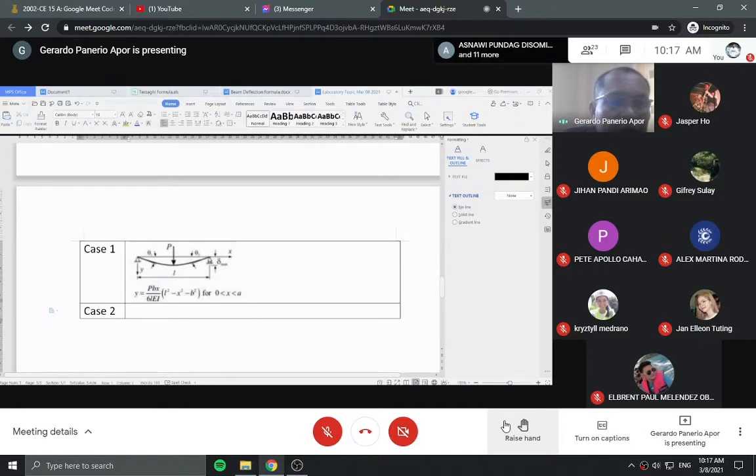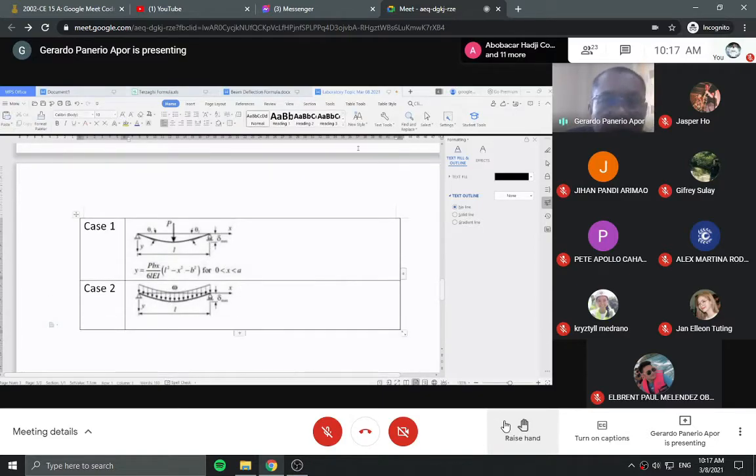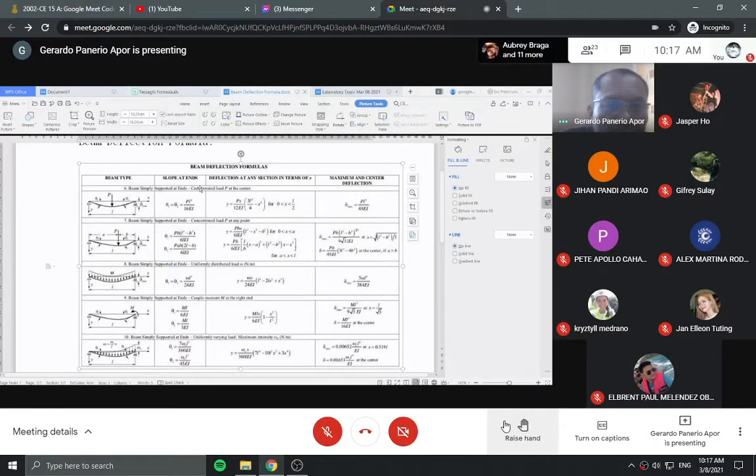That is case number 2, and the formula that you are going to use is this.